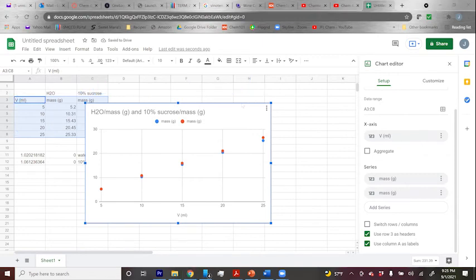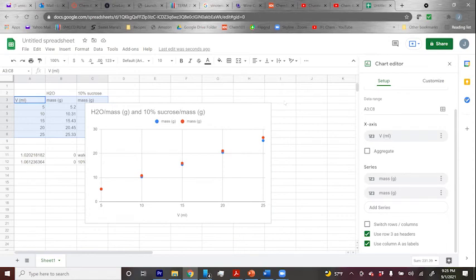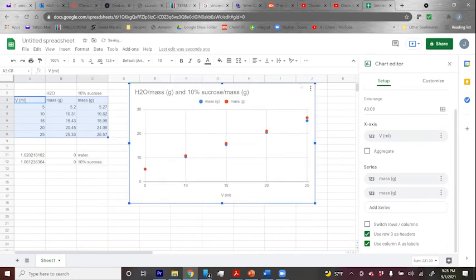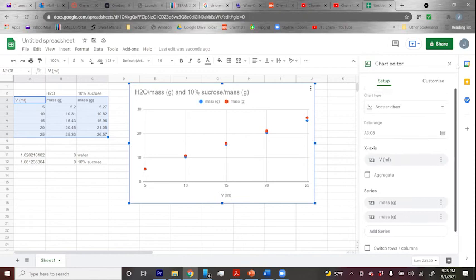You can see it already figured out that what I want is a scatter plot. If it isn't a scatter plot, you would select chart type up here and change it. But scatter is what we want because we want to be able to see each individual point.